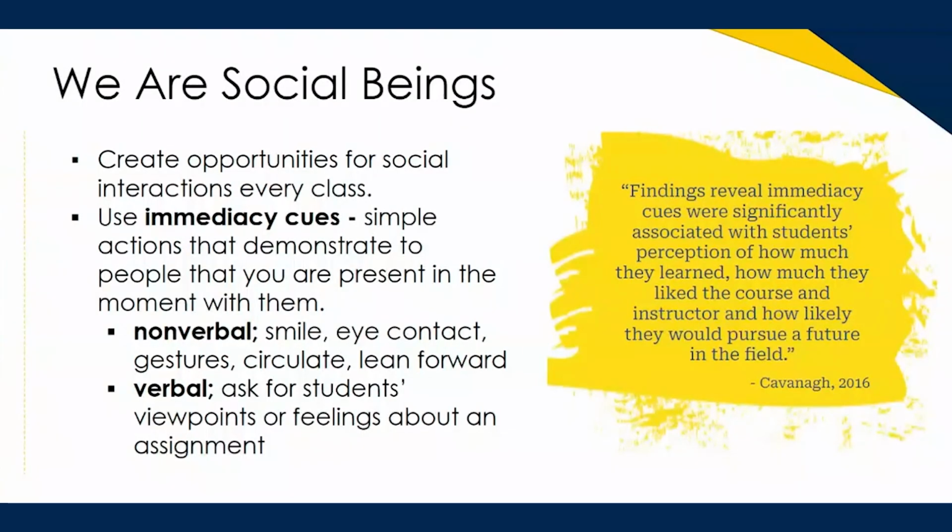Leaning forward shows interest. And then verbally, make sure you're checking in with them. If you're giving them an assignment, hey, was any part of that unclear? Any questions? Was that helpful, what we just did? Can we improve that in any way? It says that you're seeing them, you're observing them.